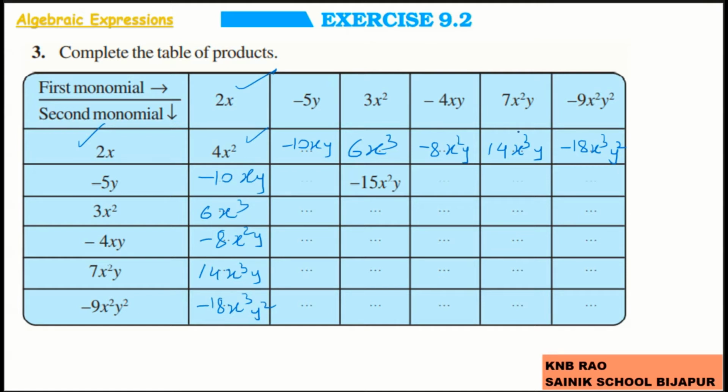You can see the first row comes again as the first column. It's a repetition, so if you do one row, the rest will come automatically.